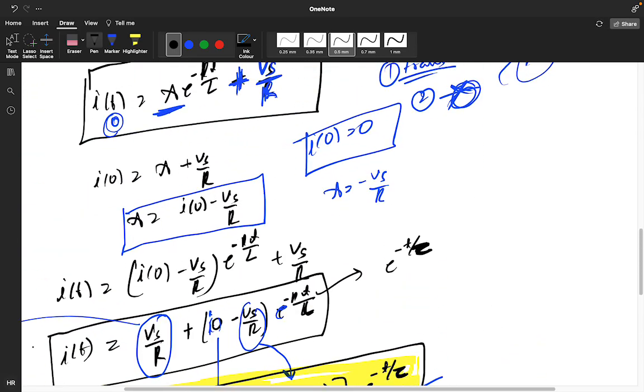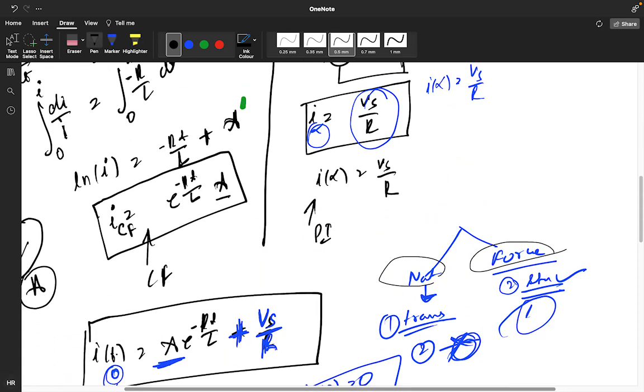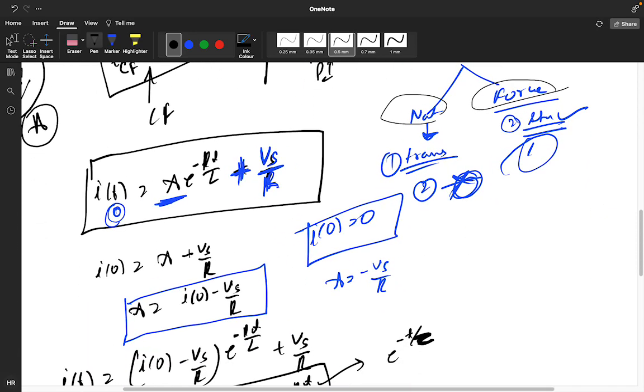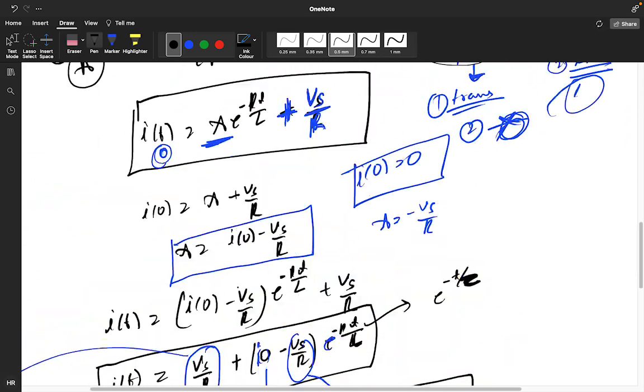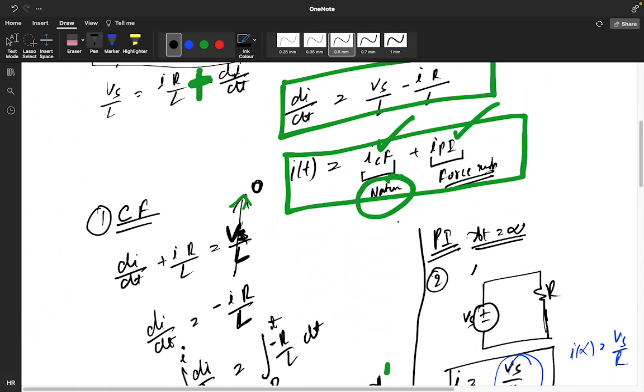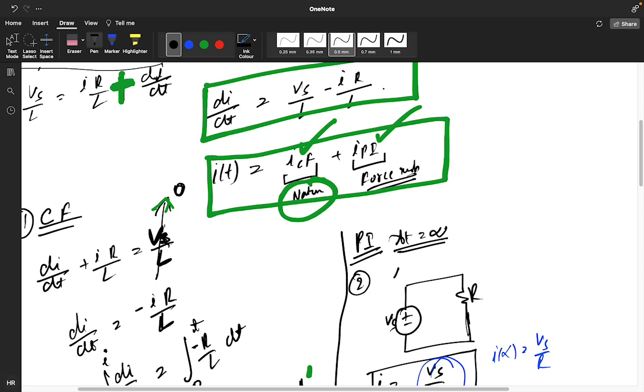So remember this point: for forced response, we consider the steady state value, and for natural response we ignore the source parameter. If I am finding the complementary function, I am doing the natural response. If I am doing the particular integral, then I am doing the forced response.